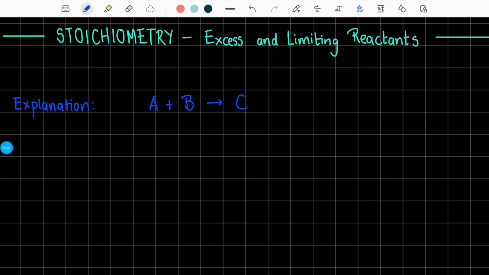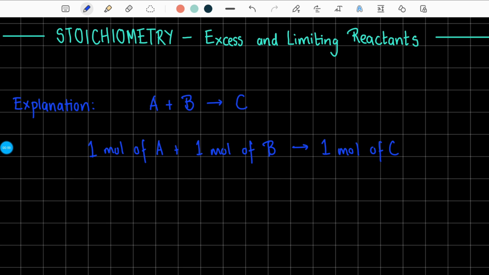What does that mean? That means that if you combine 1 mole of A with 1 mole of B, you will end up producing 1 mole of C. Now, this may not always be the case in a practical lab situation.